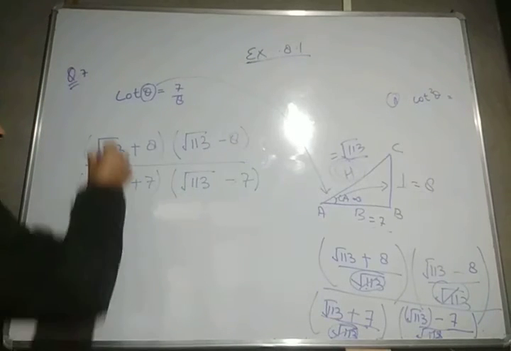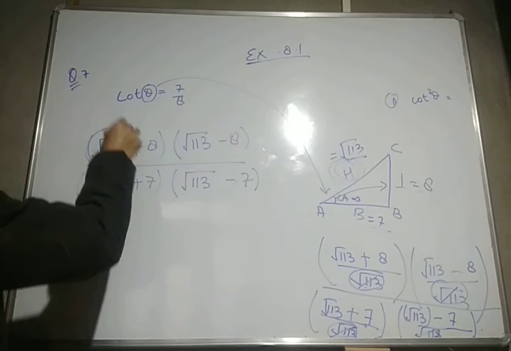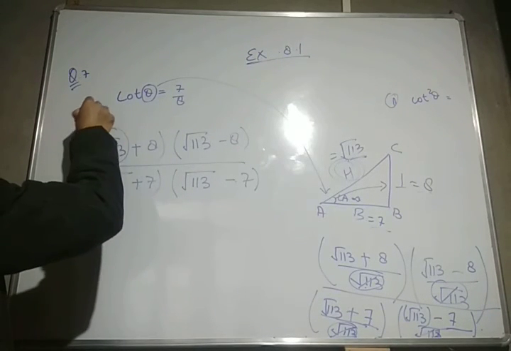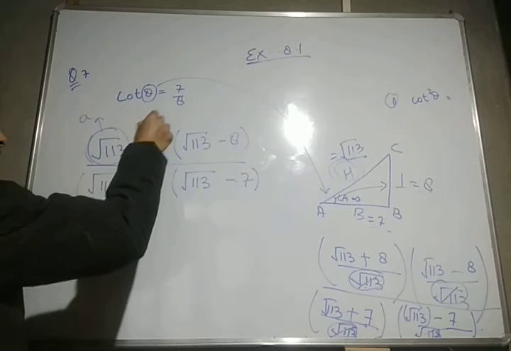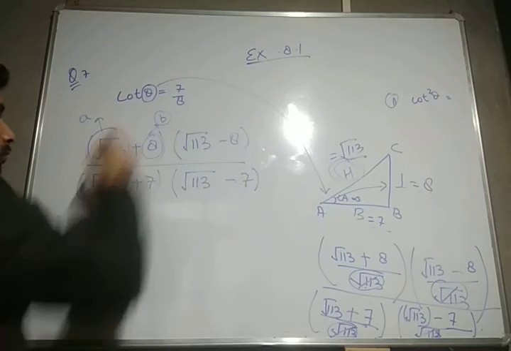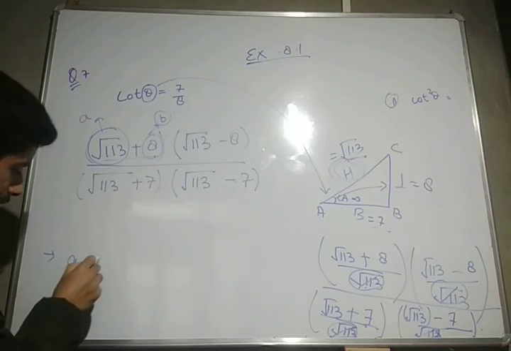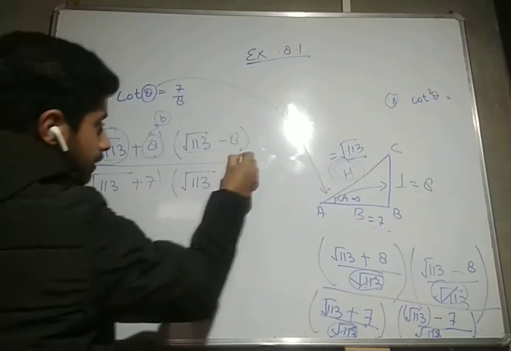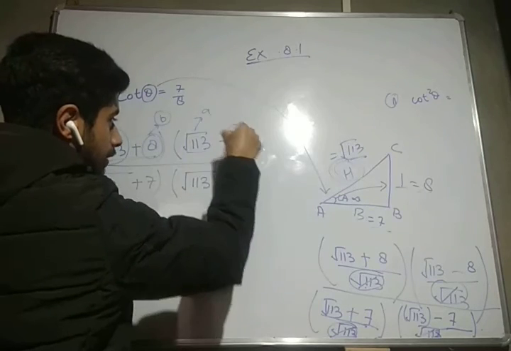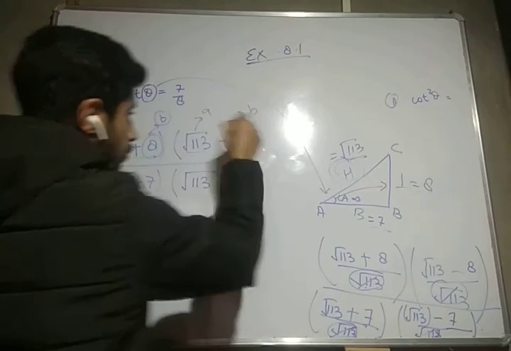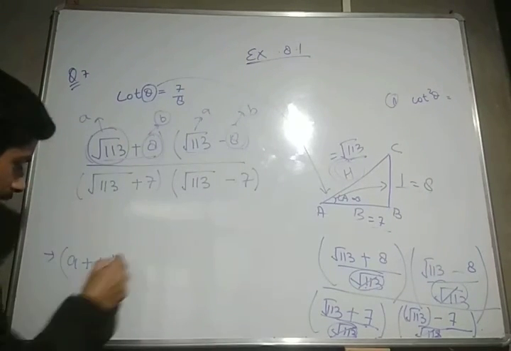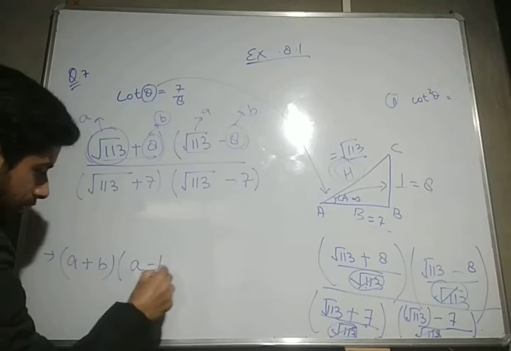Let's represent this root 113 by A and this 8 by B. So what is written over here? Basically it is A plus B, and the same here, it's A and this is B. It's multiplied with A minus B.